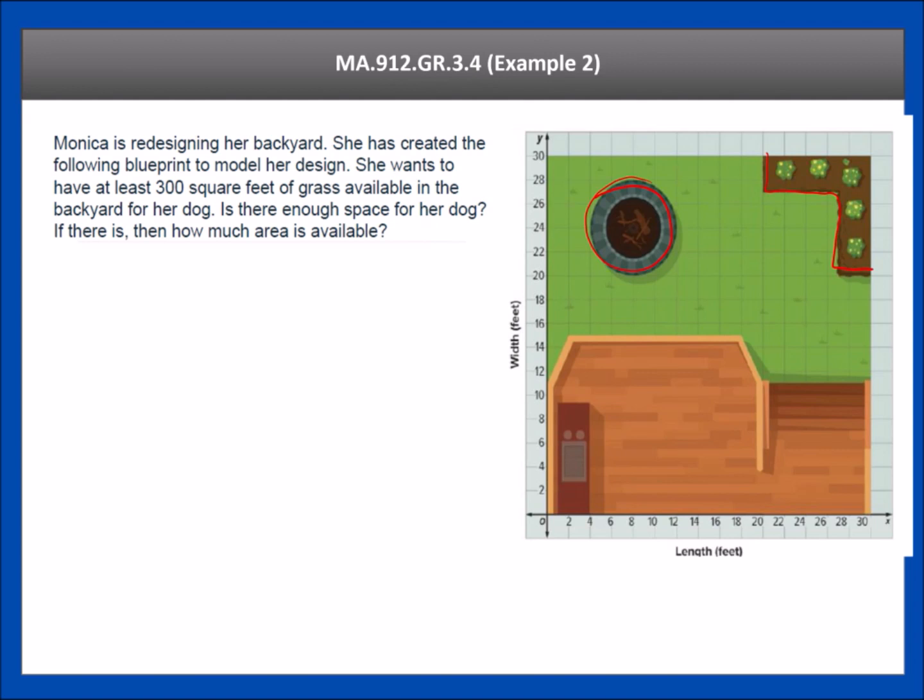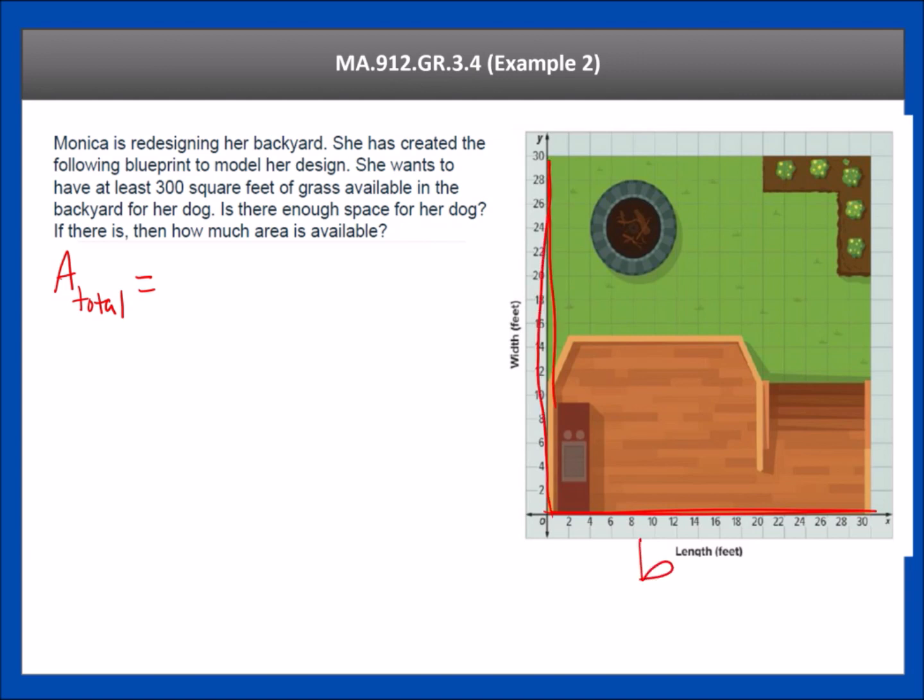So if we look at this first off, let's take a look at the area of the lot including the house. So what's the area of the entire lot including the house? All right, so the total area of everything. Well, it's a square, so it's base times height.